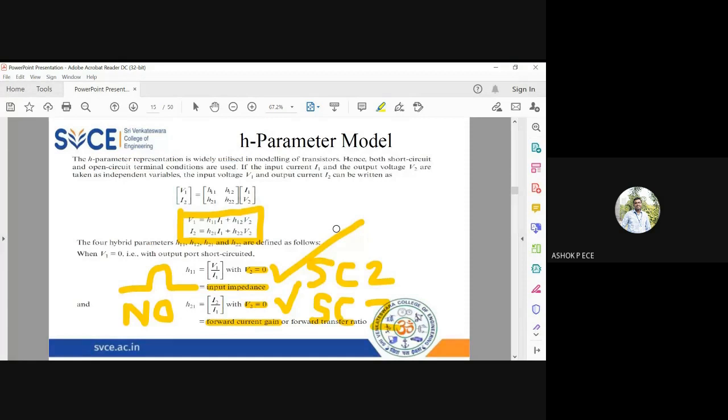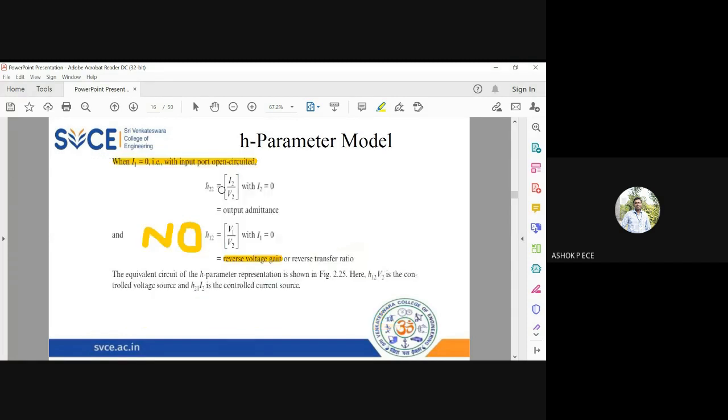And in the second equation, if you put I1 equal to 0, you'll get I2 equal to H22 into V2, so H22 equal to I2 by V2. You know V by I is resistance, I by V is conductance. In general terms, we call it admittance. And see the suffix of both is 2. So 2 refers to port number 2, so it is called output admittance.